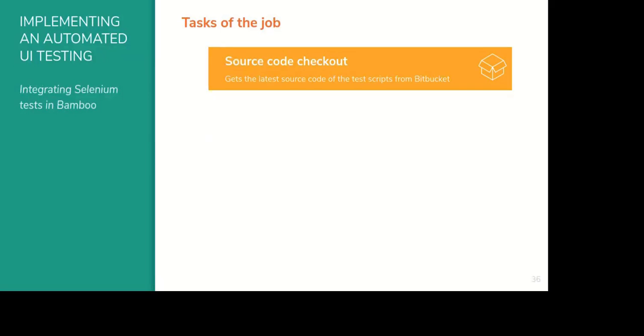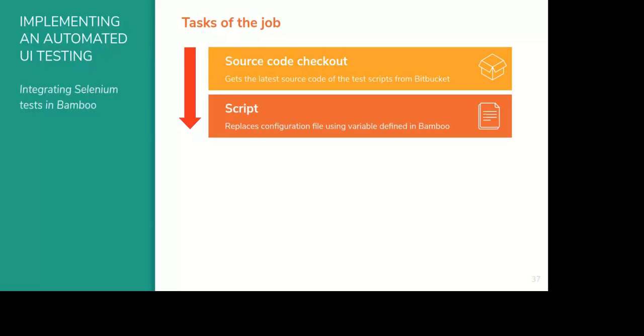And these are the tasks that were added in Bamboo for us to integrate the test scripts. First, the code of the test scripts is stored in a Bitbucket repository, so the first task is to gather the code from Bitbucket. Then we have a script to replace the configuration file.